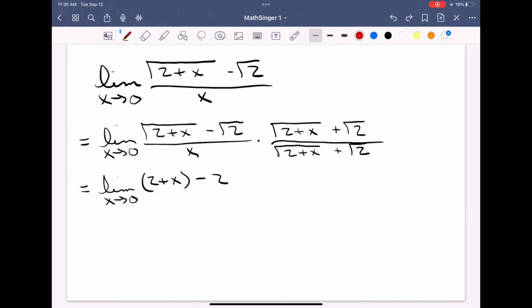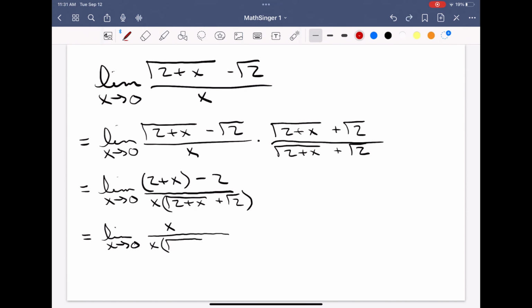Whenever we multiply the bottom two terms, we have x times the quantity square root of 2 plus x plus the square root of 2, which looks a bit of a mess, but that's not a problem because we have met our first goal of finding a common factor in both the numerator and the denominator. That common factor, of course, is x.